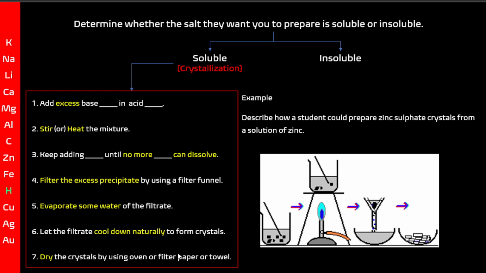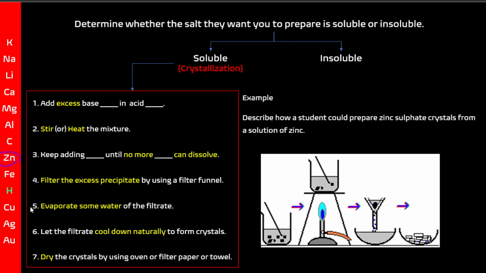Now let's take a look at crystallization, okay? And you can still use the same format for every similar preparation. Describe how a student could prepare zinc sulfate crystals from zinc metal, let's say, okay? So zinc is right here, right? First you round it off.